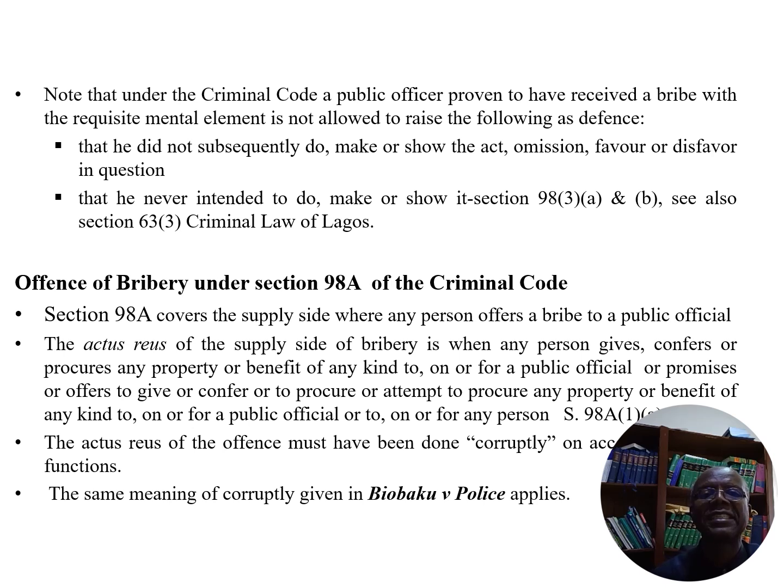One, that he did not subsequently do, make, or show the act, omission, favor, or disfavor in question. In the example that I gave of a student giving me a Rolex wristwatch, I will not be allowed to prove that, look, the A he got was deserved. I didn't show him any favor. I didn't do anything partial in his favor. I will not be allowed to prove that.